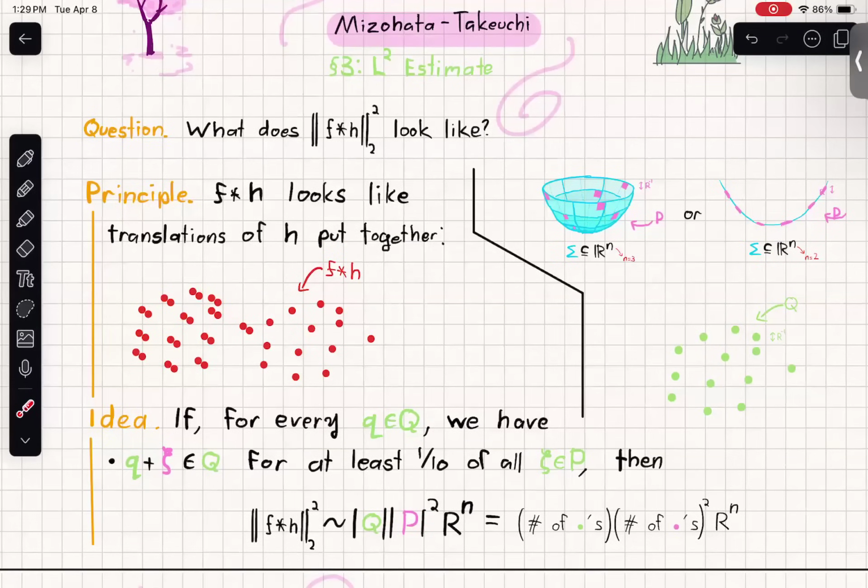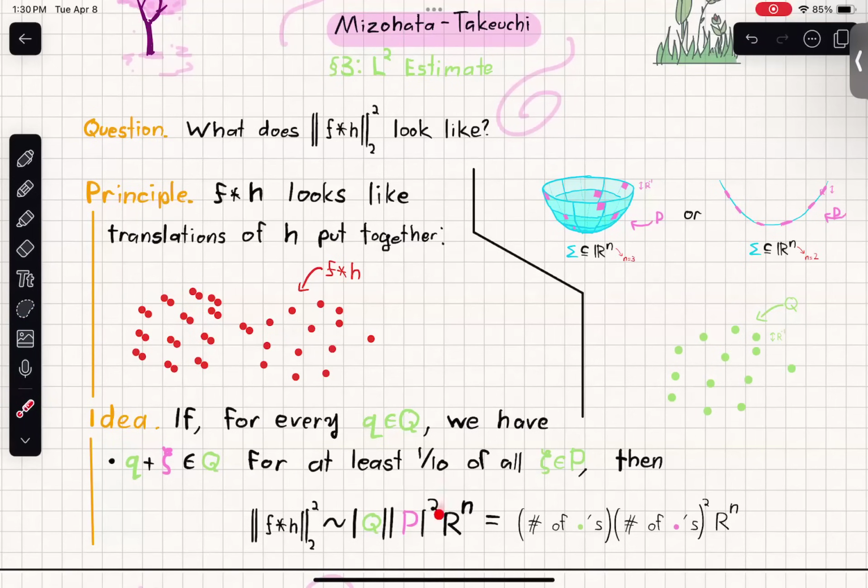You can imagine we have these tall towers of the points that we start out with in our set, and they're going to be of height P. And so if we want to take an L2 norm, then we go to the square. So the square of the height is P squared, and we have Q total towers. And so we expect the total L2 norm squared to be Q times P squared.